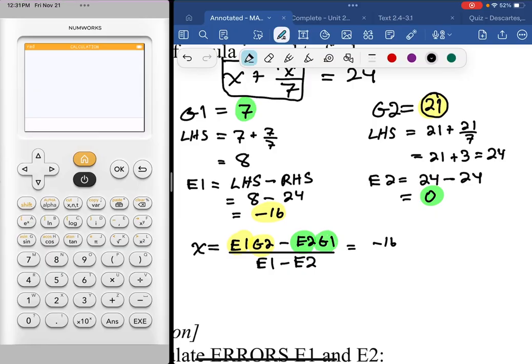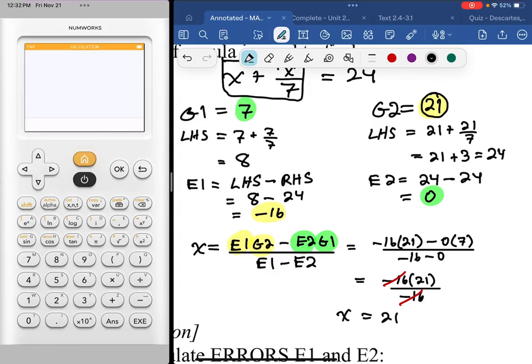So negative 16 times 21 minus 0 times 7 over negative 16 minus 0, which amounts to negative 16 times 21, because 0 times anything is 0, over negative 16. The negative 16s cancel out and leave you with just a 21.